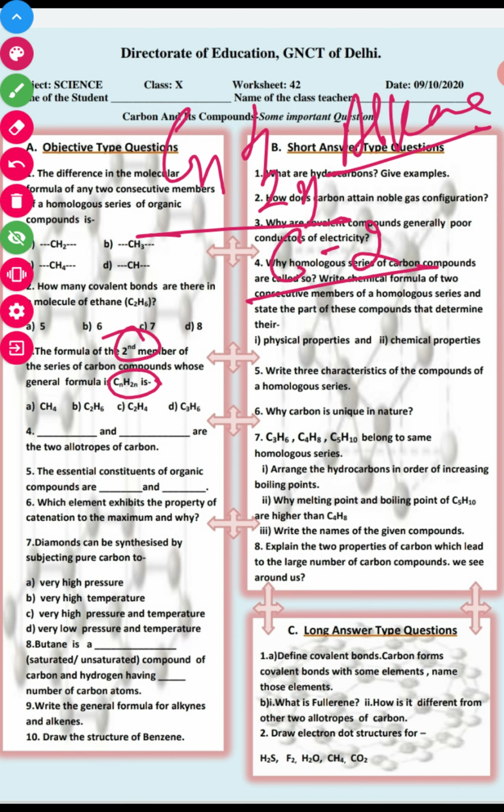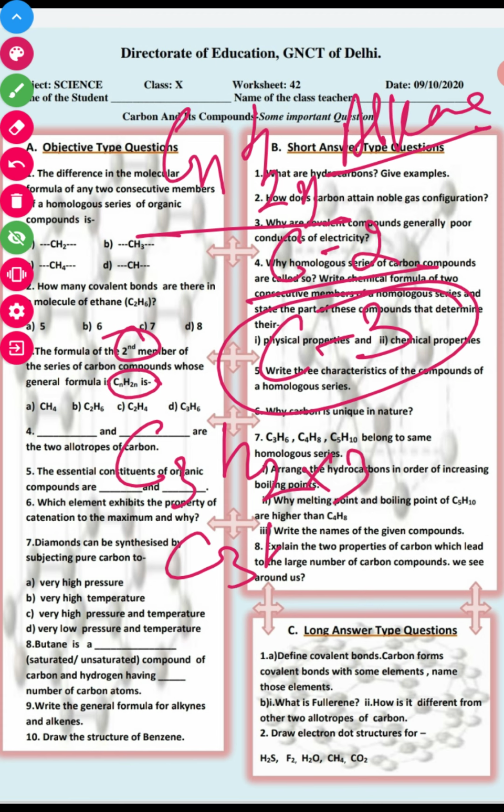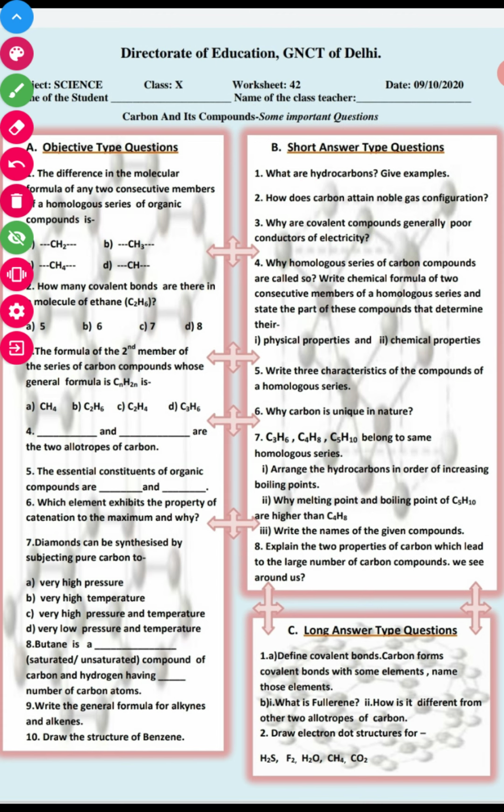So for the second member of the series, we have to add another carbon, so C3. So we can write C3H2 into 3, that is C3H6. Then the answer of this question is C3H6.